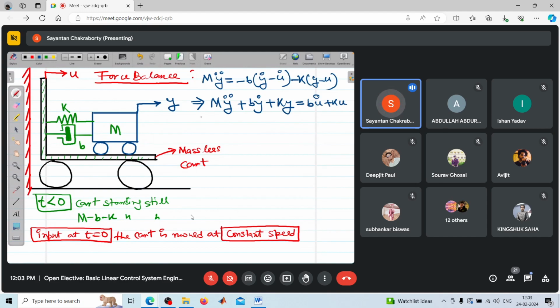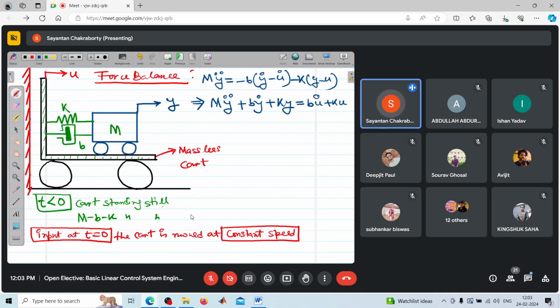So this is the differential equation that represents the dynamics of this massless cart system that comprises a spring mass damper system, which moves as soon as the cart is set in motion with a constant speed or velocity.